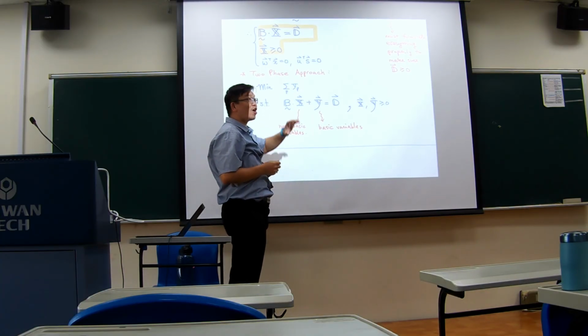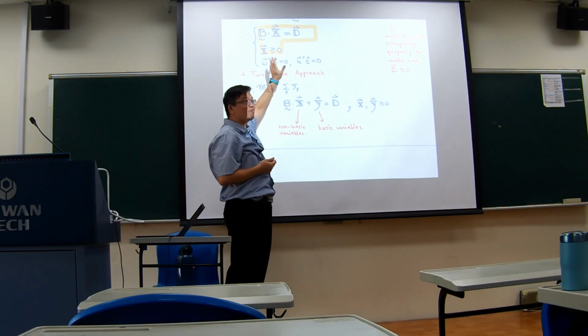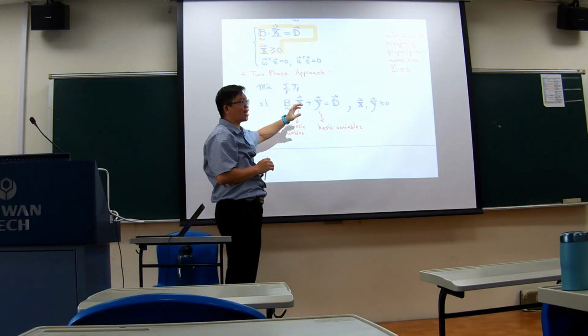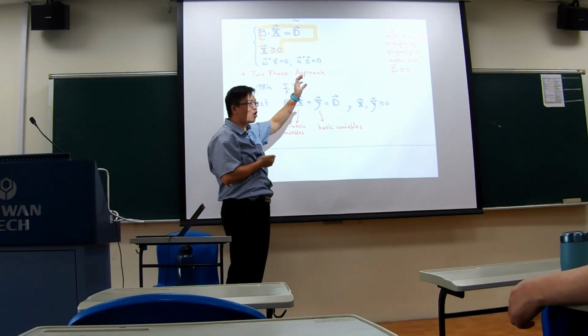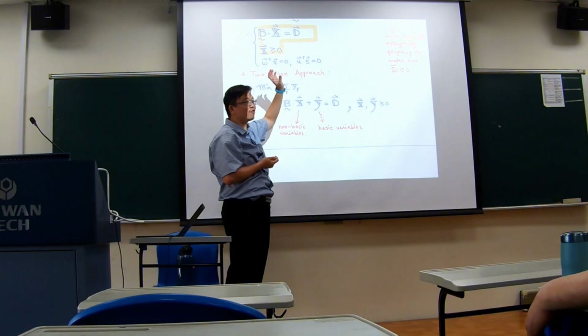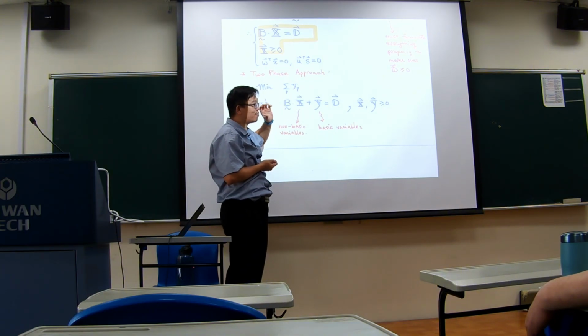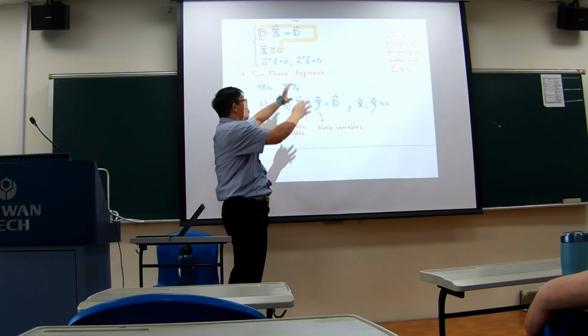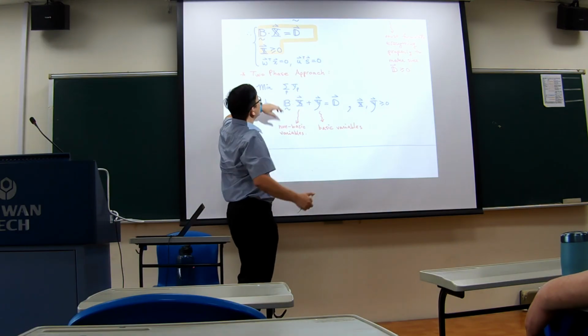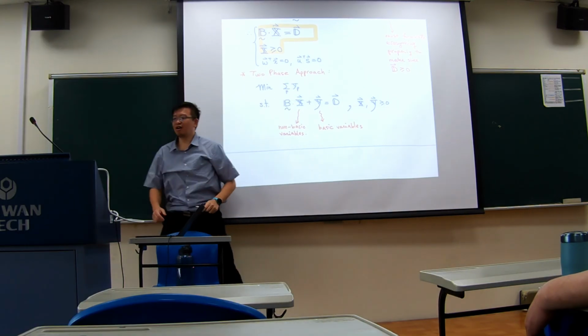Okay? From the very beginning of QP, the only difference between QP and LP is that you have second order terms in the objective function, and also you have inequality constraints. With all these derivations, you end up with a big chunk of matrix.